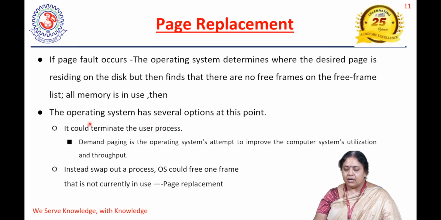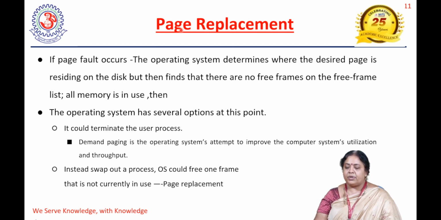So actually we are using demand paging. Why is the operating system implementing demand paging? In order to improve the computer system utilization and the CPU utilization. When a process is terminated, demand paging is of no use. So for that purpose, we go for page replacement.